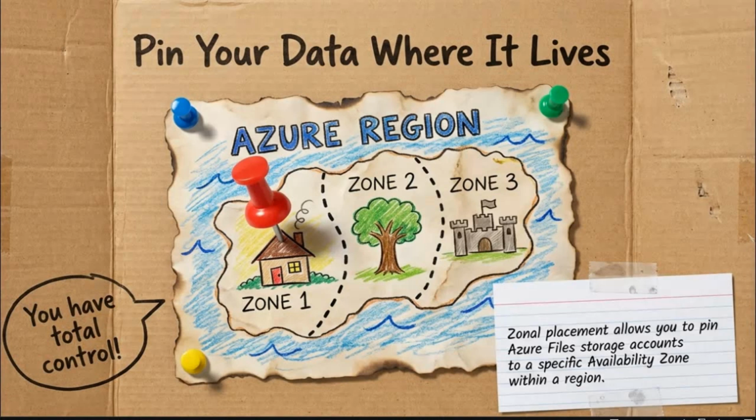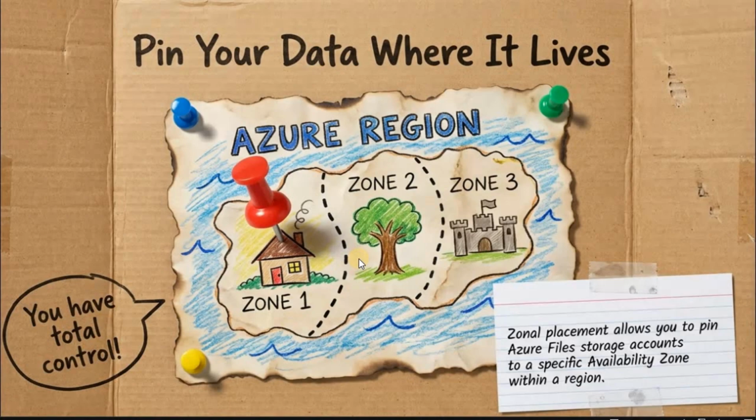Now, for applications using premium LRS, you can specifically pin your storage resource to a single availability zone. This allows you to co-locate your storage directly with your compute resources like virtual machines. It works with both SMB and NFS shares, making it a versatile choice for both Windows and Linux environments.